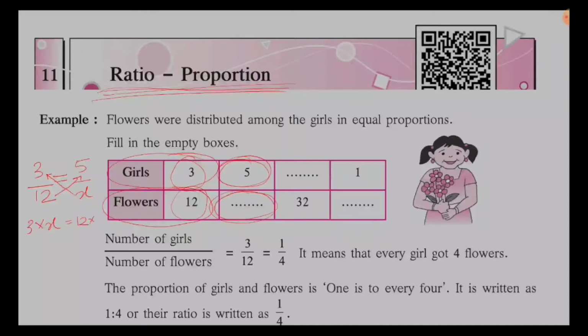This will become 12 5s, which will be 60, and this 3 is getting multiplied with x, so we will be dividing it here by 3. We have done this in equations. So 3 1s are 3, 20s, so the answer will be 20. That means if there are 3 girls, we will be collecting 12 flowers, but if there are 5 girls, we will be collecting 20 flowers.